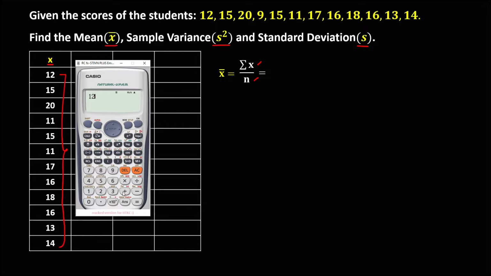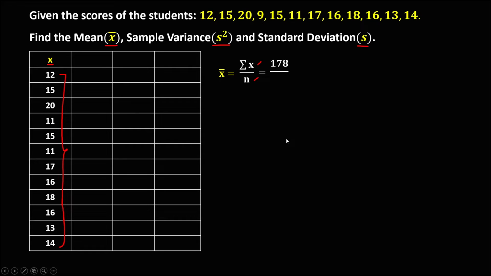So we have 12 plus 15 plus 20 plus 11 plus 15 plus 11 plus 17 plus 16 plus 18 plus 16 plus 13 plus 14 equals 178. So the sum of the samples is 178.